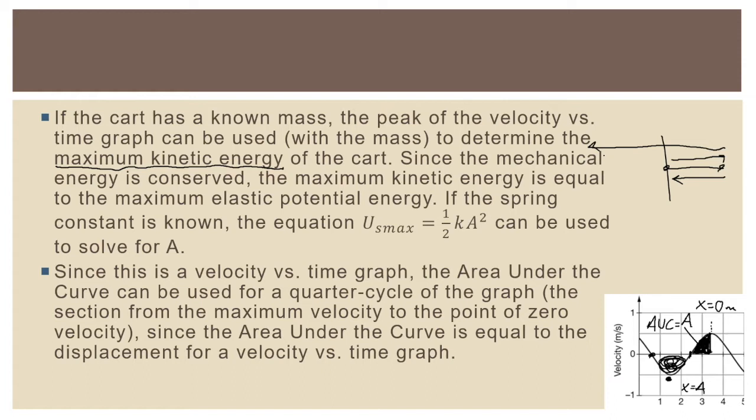You can only get the area under the curve equal to the amplitude if you take it for 1/4 of the period, because in an entire period, the object goes from the amplitude to the equilibrium position, so that's A, another distance equal to the amplitude when it goes from the equilibrium position to the other amplitude, back to the equilibrium position, and then back again to the starting point.